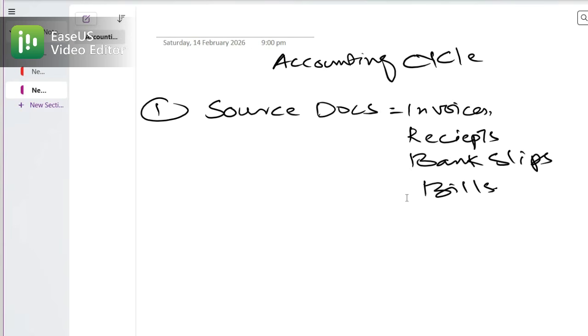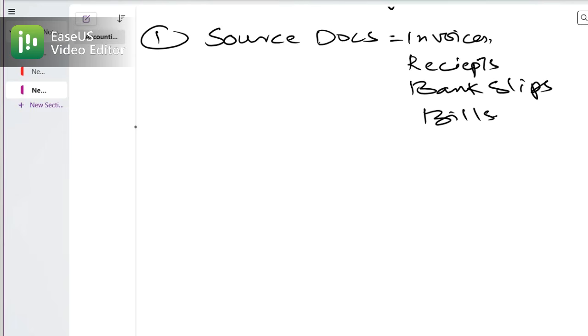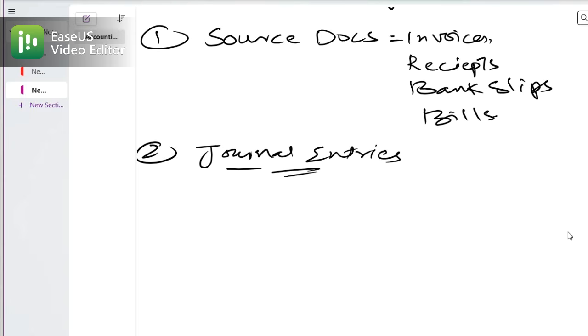Fine. After source documents, the second step is journal entries. We discussed this in lecture number 20. This is 23, so that was 22. You know that we record each transaction in the journal, and the journal is like a diary, which I have told you before, that tells the story of what happened, when it happened, and which accounts are affected.